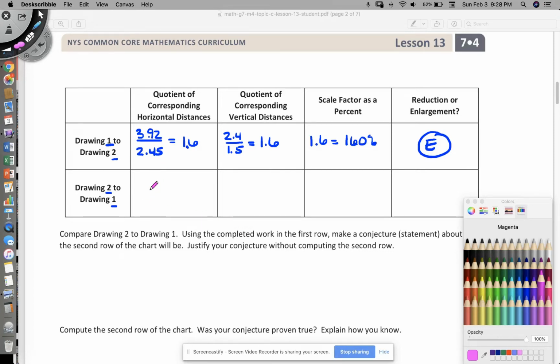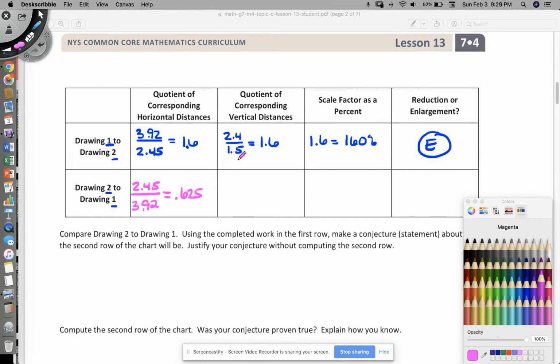So the horizontal distances this time will be 2.45, and now the original is 3.92. So basically the flip of what we just did up above. And when you divide that out, you get 0.625.